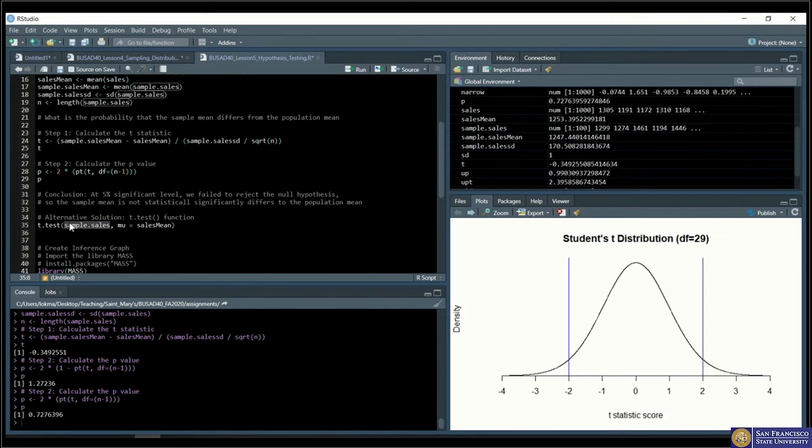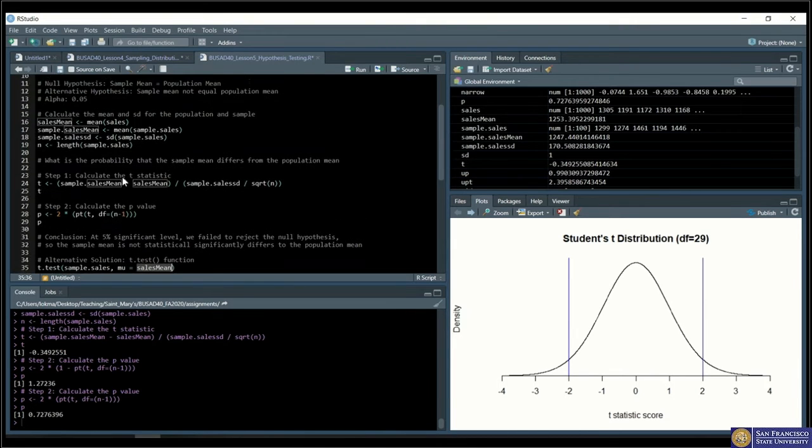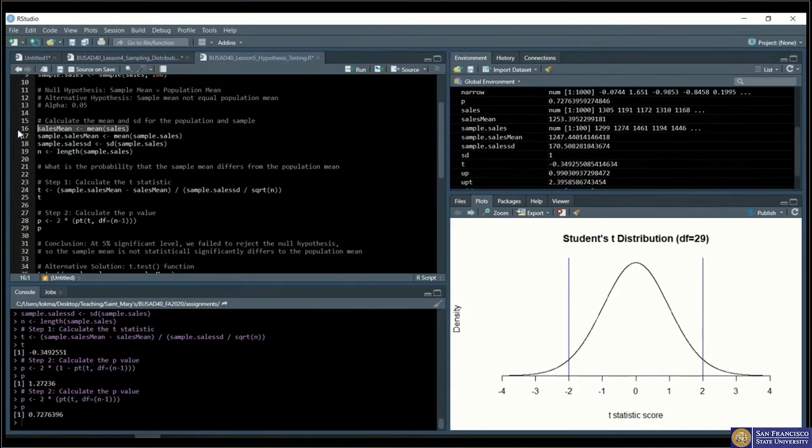You specify the 100 points right here in the first location, and you want to define the mean of this t-distribution. This mean is specified using the parameter mu. The population mean, or mu, is the sales mean that we calculated earlier. So again, this line right here.